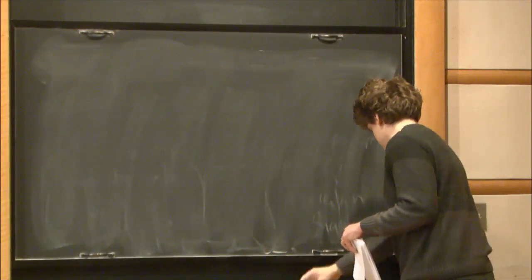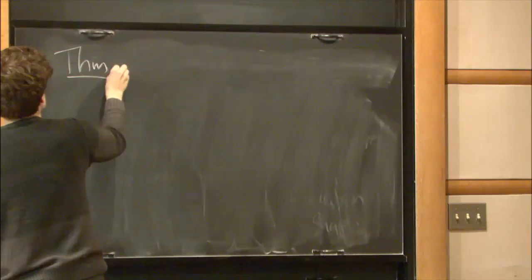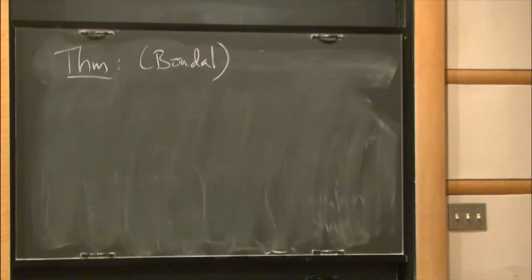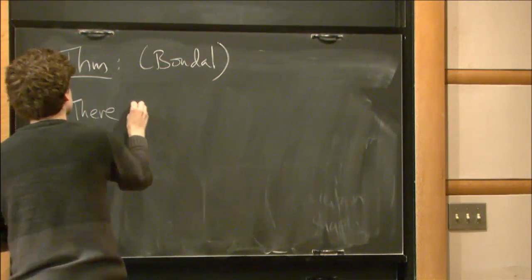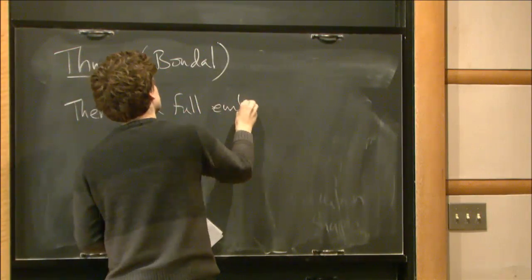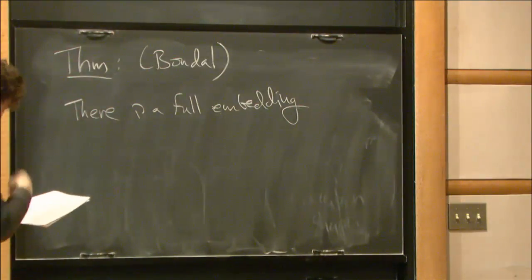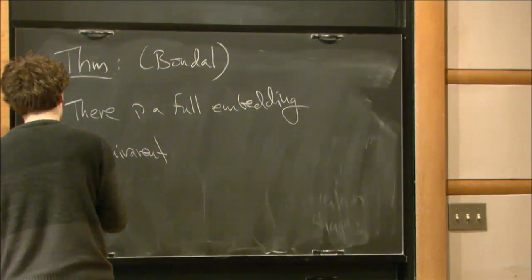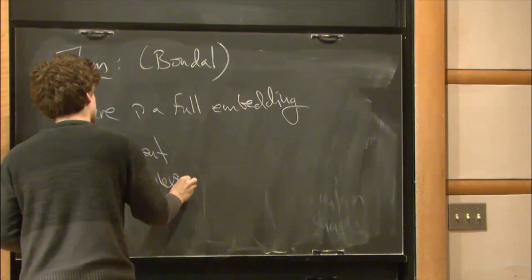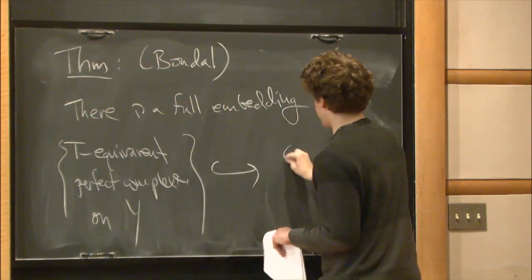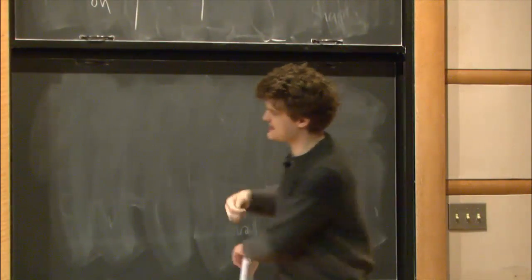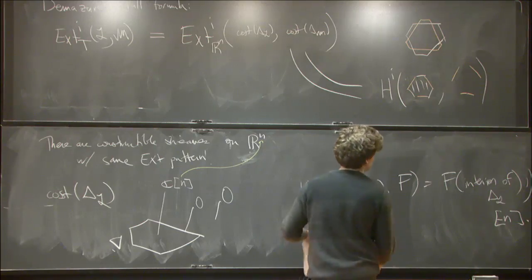So Bondal, around 2005, proved there's a full embedding of coherent sheaves, maybe I better say perfect complexes, on Y into the category of sheaves on Rn that extends the bijection that I just erased.